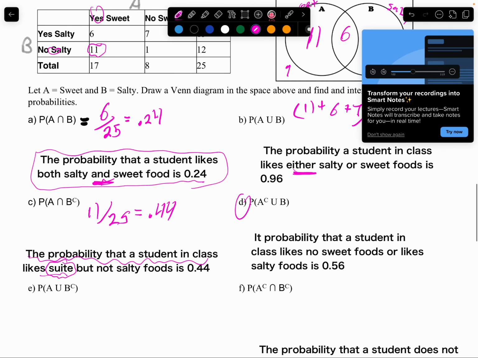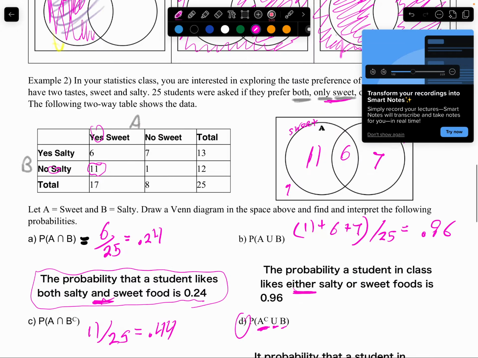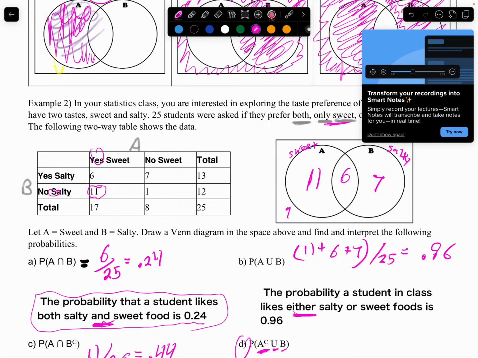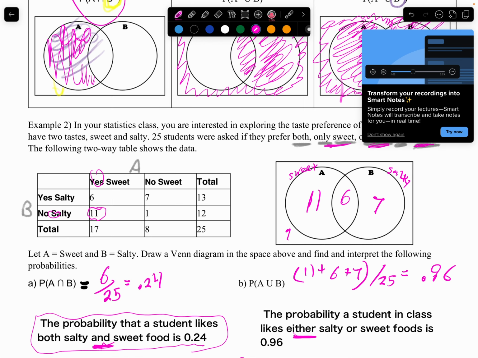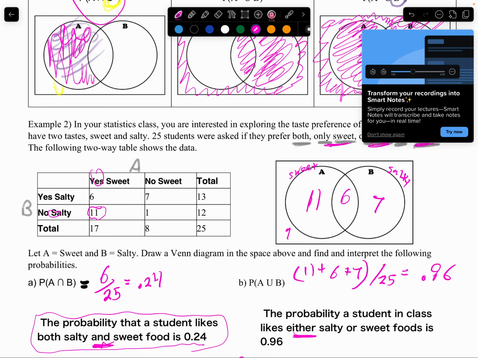The D is the student likes no sweets, or they do like salty food, and that's 0.56. And how do we get that? That is the not C union B. So go to not A union B. Not A would be anything that's not in A at all.